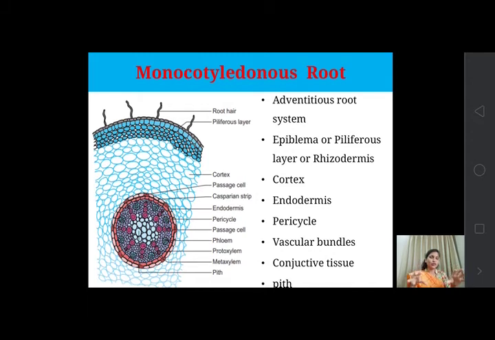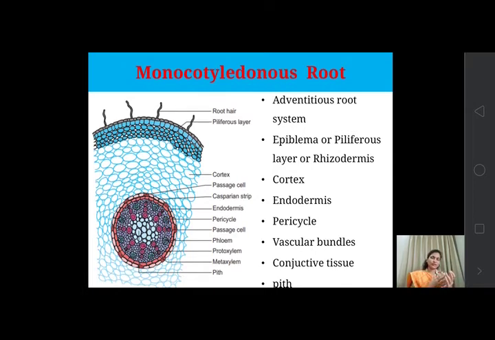When it shows the tetrarch condition, it is a dicot root. When it shows the polyarch condition, it is the monocot root. So this is the main difference between the dicot and the monocot root, and other small differences are also there.